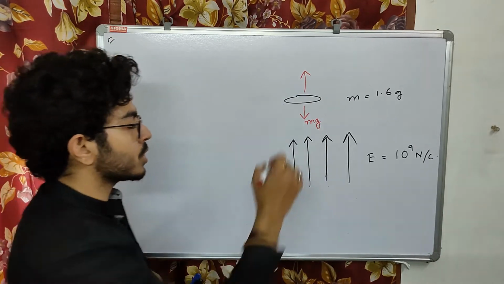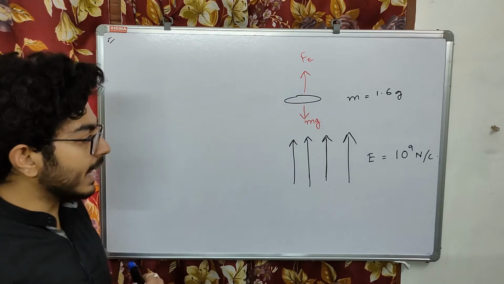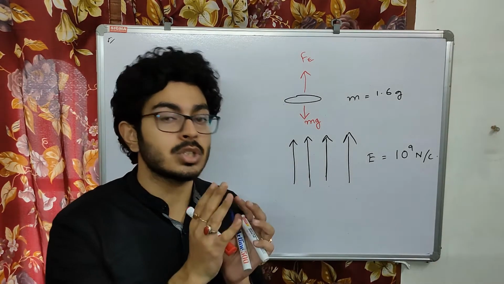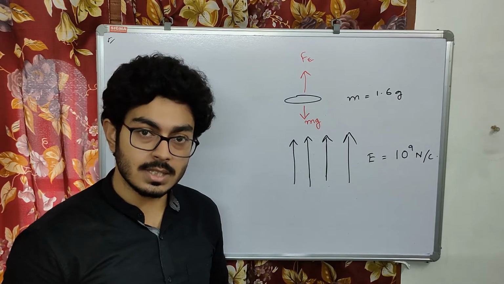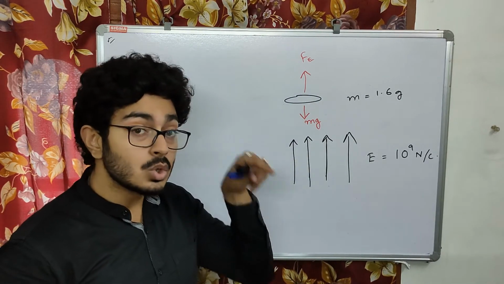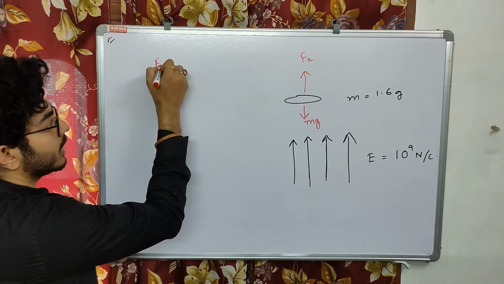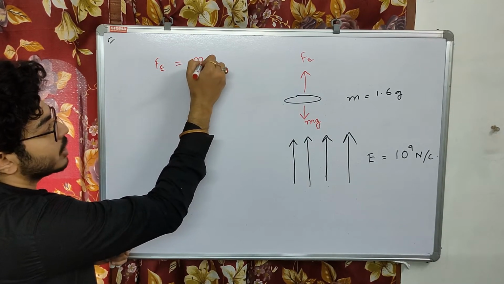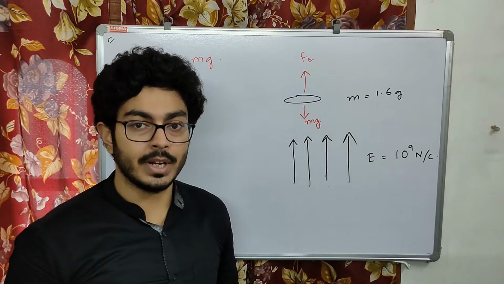What force should that be? That is electrostatic force. So when mg becomes equal to the electrostatic force, then only this coin will remain floating in the air, right? So when Fe is equal to mg, now how are we going to get this Fe?